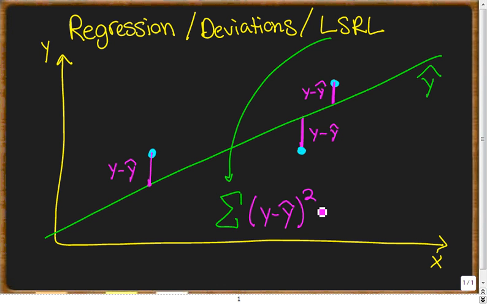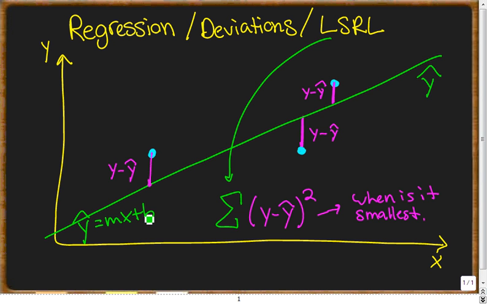They take the sum of all of them squared. So the least squares regression line, they try to find when it is smallest. That is what tells us which line to use. That's what tells us which y equals mx plus b to use.